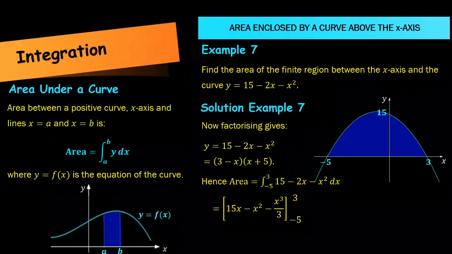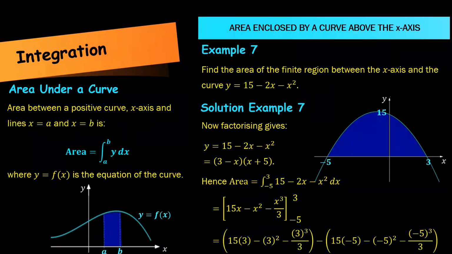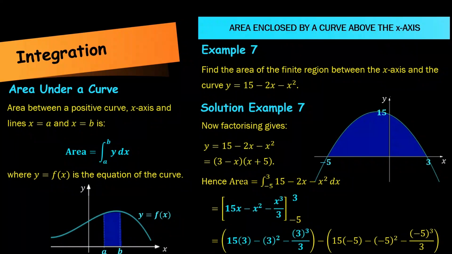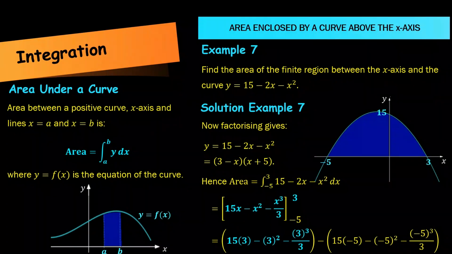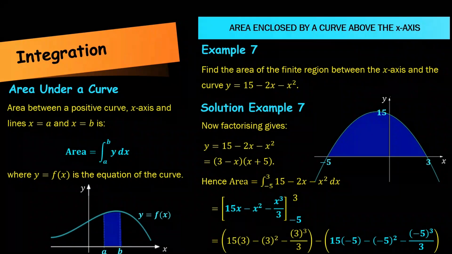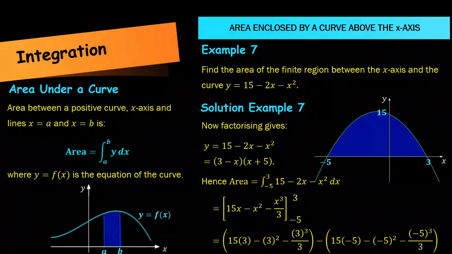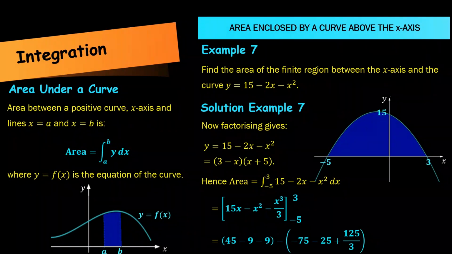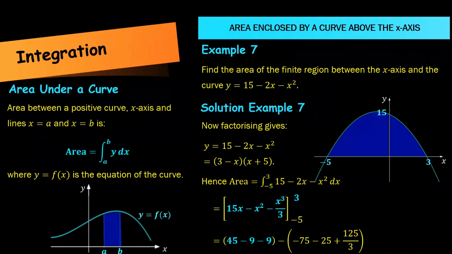And then putting in the limits, so x equals 3 here, and x equals -5 here. And then tidying up, gives us 8 1/3.